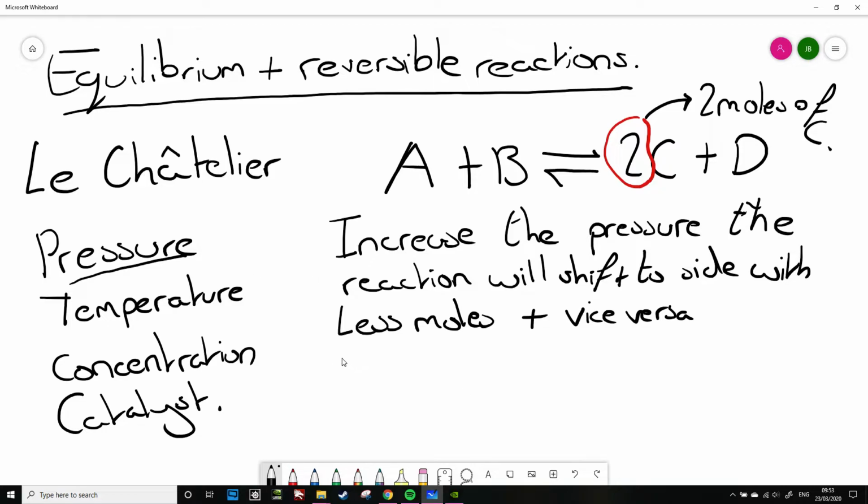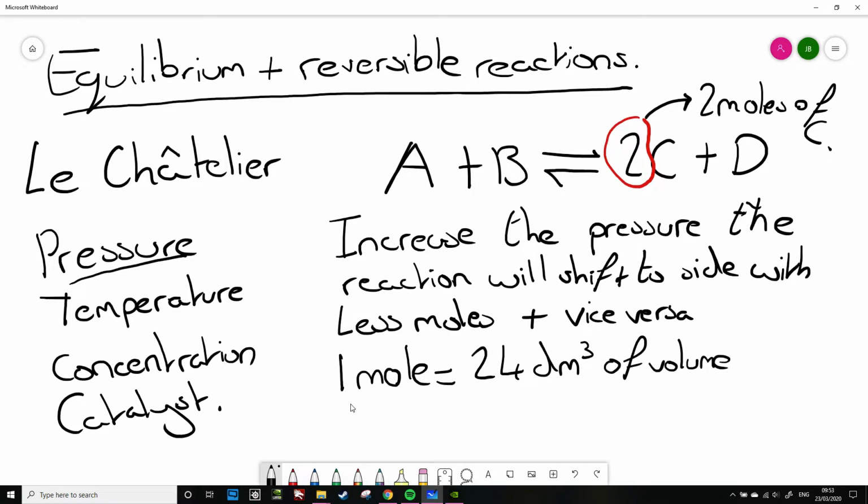And the reason is 1 mole equals 24 decimeters cubed of volume, and that's for any gas. So 1 mole of any gas will have 24 decimeters cubed of volume.